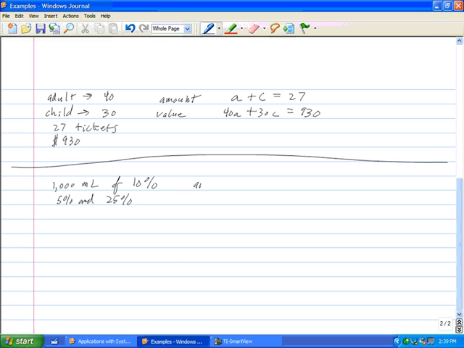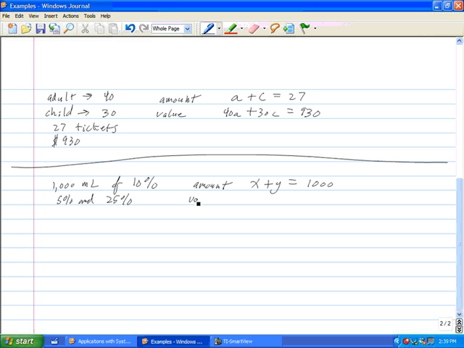All right, again, let's look at the amount. We're going to use x milliliters of 5% plus y milliliters of 25% to give you your 1,000.